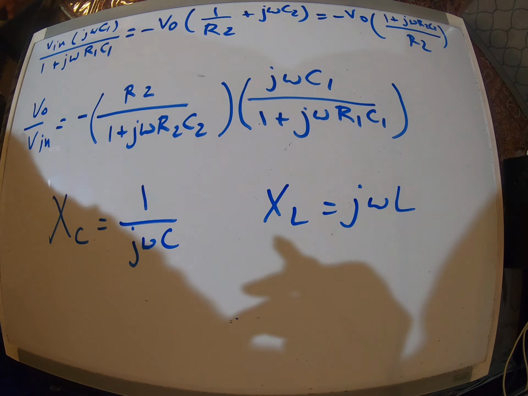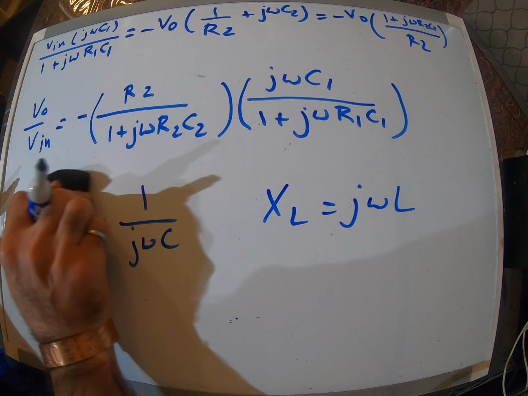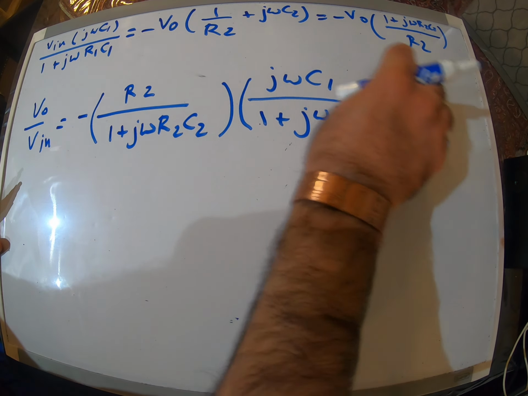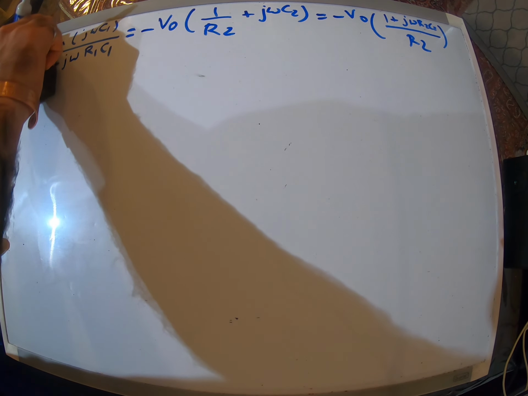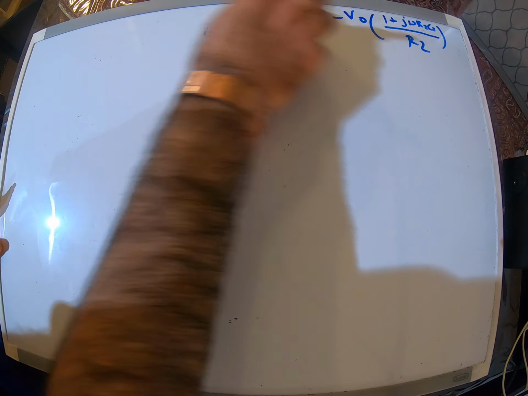Now, the other thing that I realized was challenging for you was doing the Bode plot. So I want to explain the Bode plot from scratch. First of all, let's assume that we have a fraction.